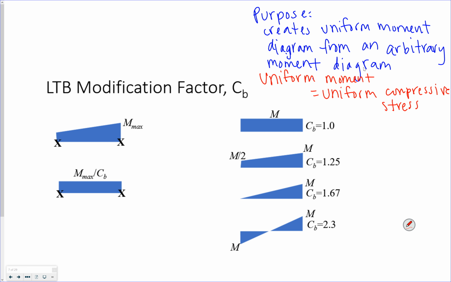Uniform compressive stress is what's causing the buckling, leading to lateral torsional buckling. I want to take an arbitrary moment and make it look like it's uniform along the entire length. If I have a CB of 1, that means I have a uniform moment along the length between my braces.